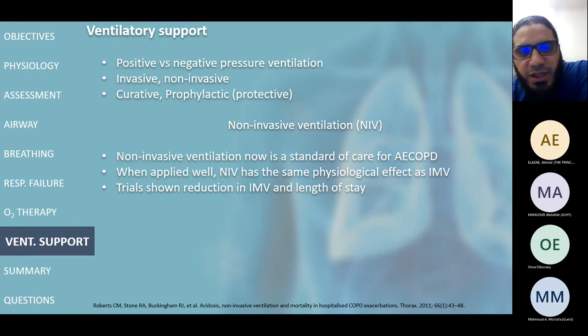It's really out of the scope of this lecture, but I've just picked the two most common modes mainly used outside the intensive care: how to use them, what are the indications and contraindications, and what are the settings, just to have an idea about them.